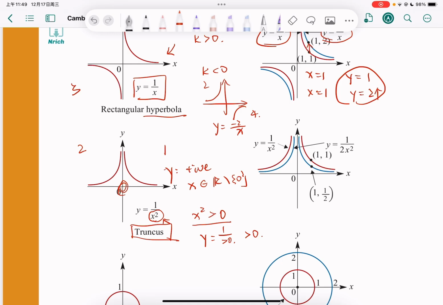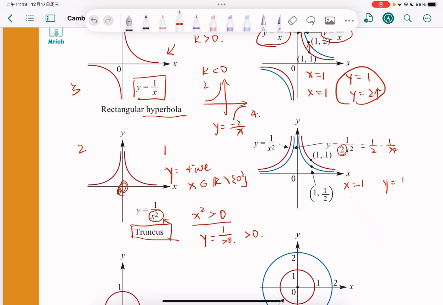So let's also look at a dilation. If the red curve is 1 on x squared, what about 1 on 2x squared? We can write it as half times the original function, 1 on x squared. If we take x equal to 1, the original gives y equal to 1.